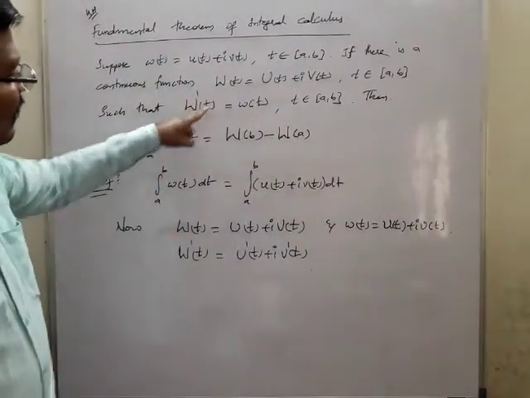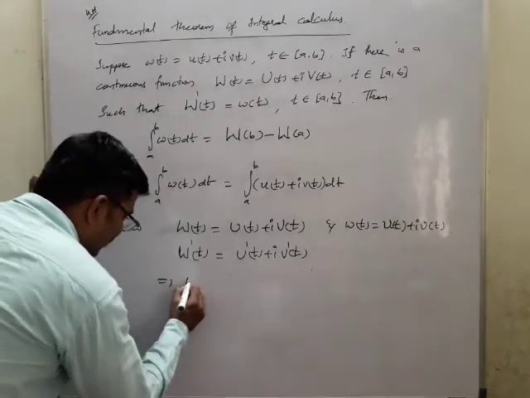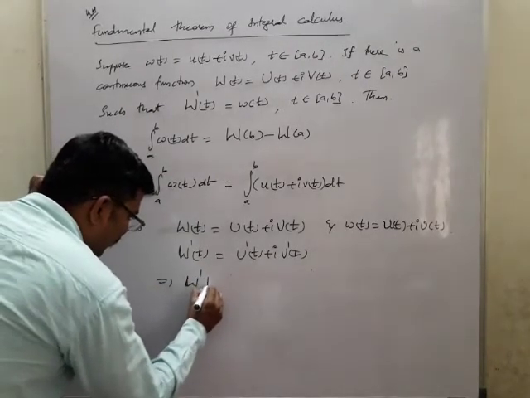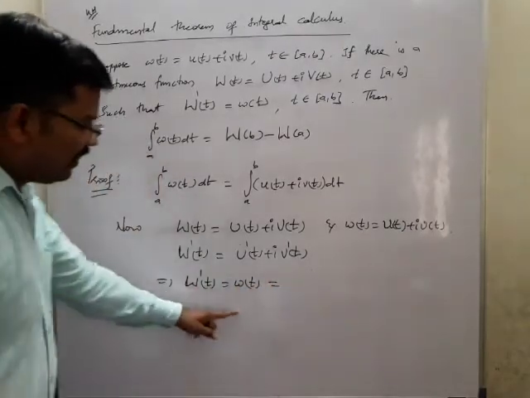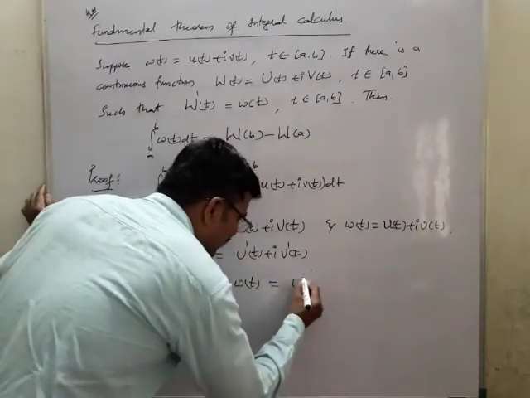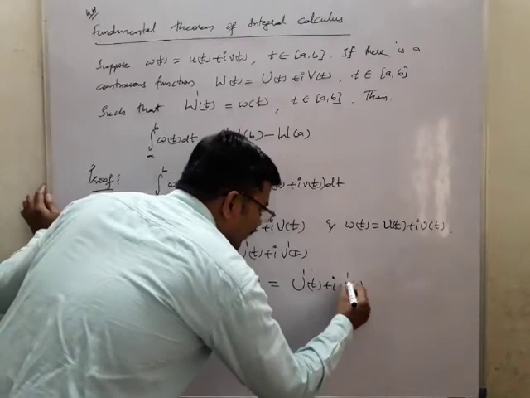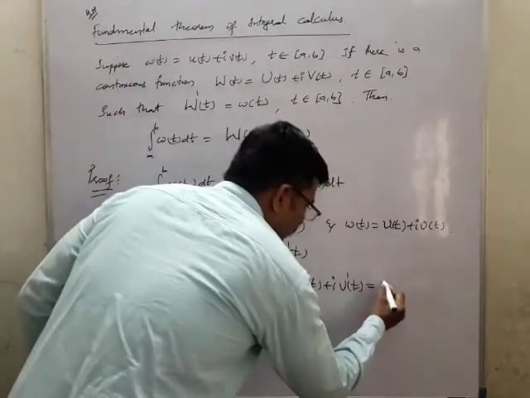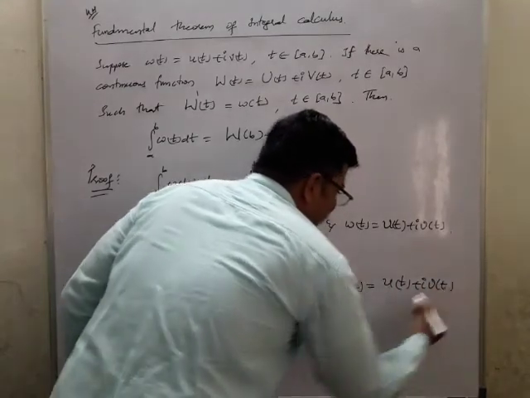According to the condition, W'(t) is equal to w(t). So capital W'(t) = small w(t). Small w(t) is this, capital W'(t) is this, so I may write u'(t) + i v'(t) = u(t) + i v(t).